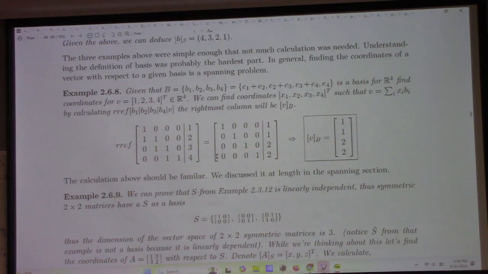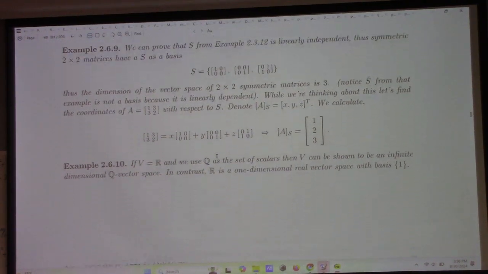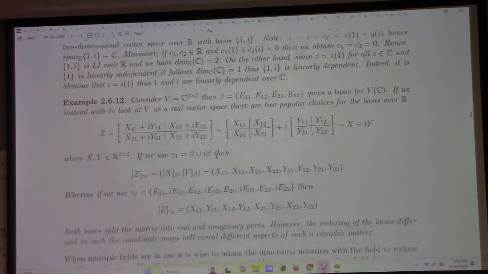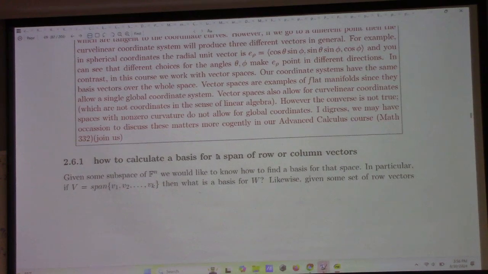But a lot of times you'll find that you don't actually want to use row reduction because you want to use calculus like I just did. It's so much faster, right?